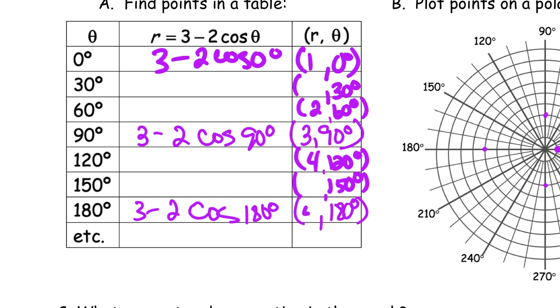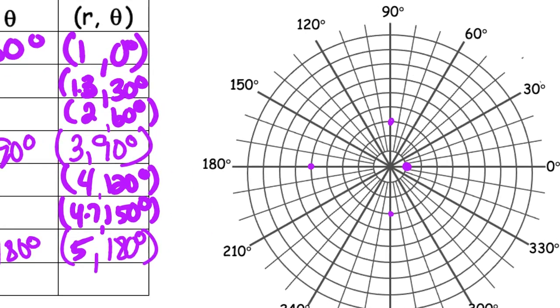Oh, 180 was 5. 30 is 1.3. 150 is 4.7. Okie doke. So now let's go plot some points.